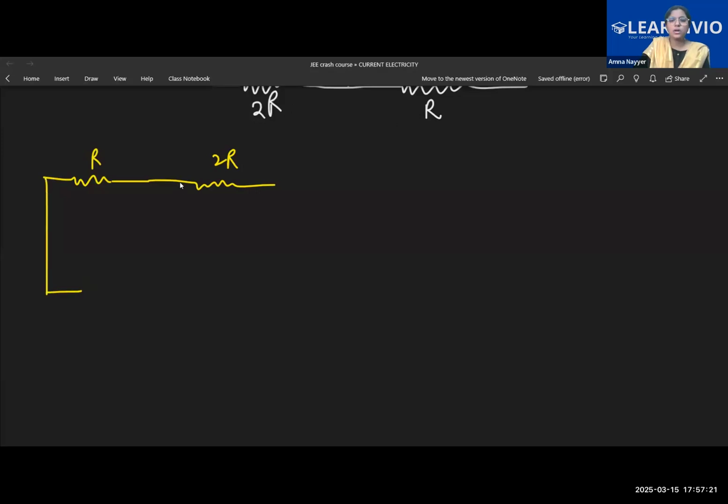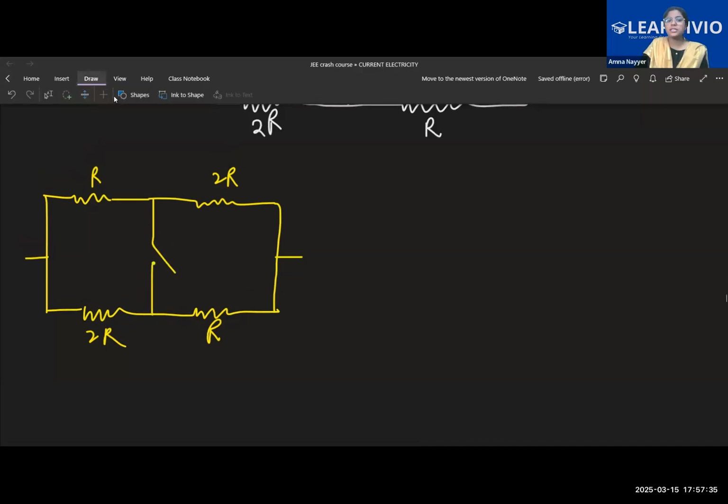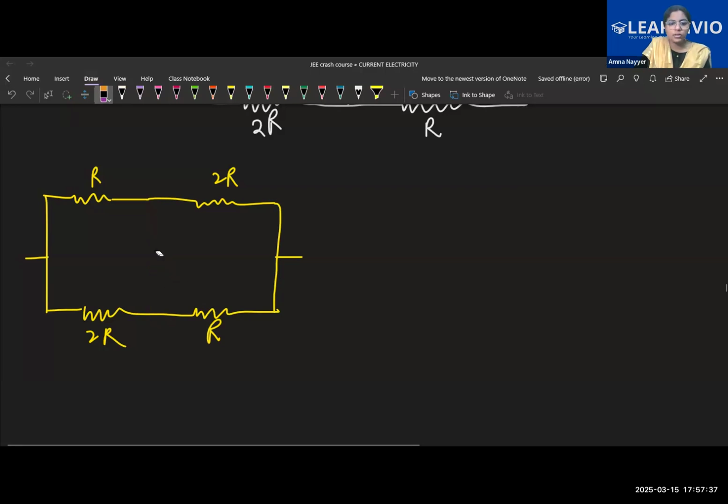This is 2R and this is R. Now look, when the switch is open, no current is flowing, which means I can delete this. So what am I left with?